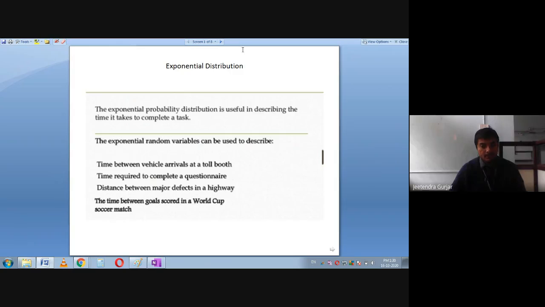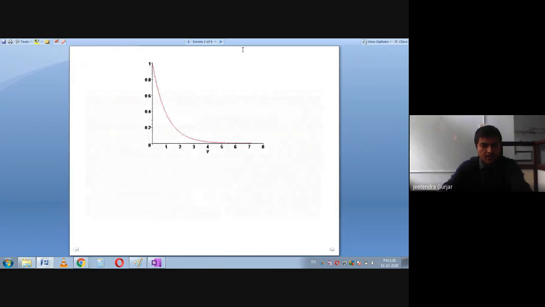Also, we come across the distance between major defects in a highway. We also come across the time between goals scored in a World Cup soccer match, right? So, like this, we come across it in exponential probability.